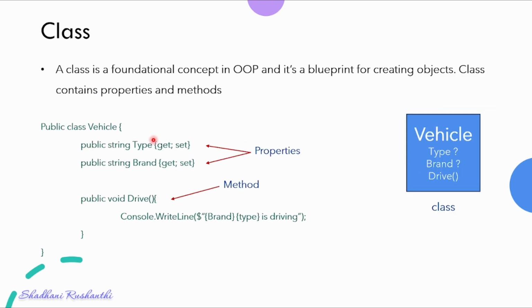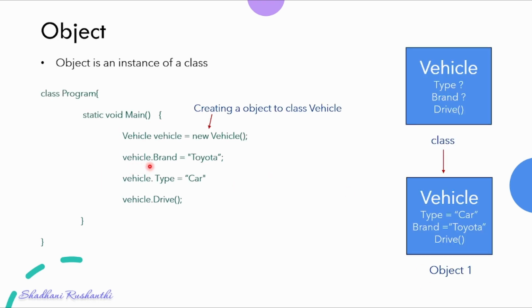As in this class I have declared the properties type and brand as public, I can assign values to each property using the object name and its property, and then assign a value. Also, we can call the function of the class using this object in this way.